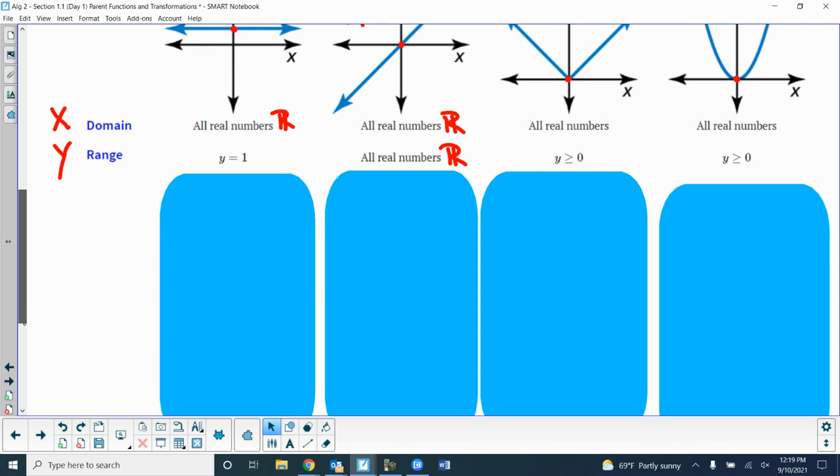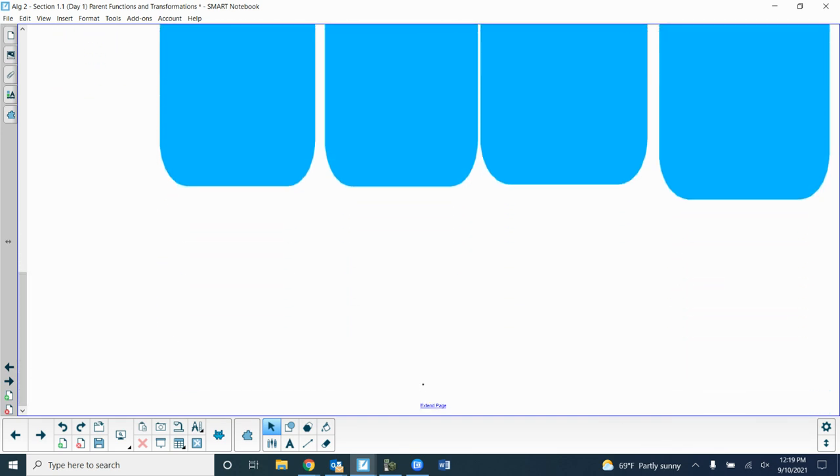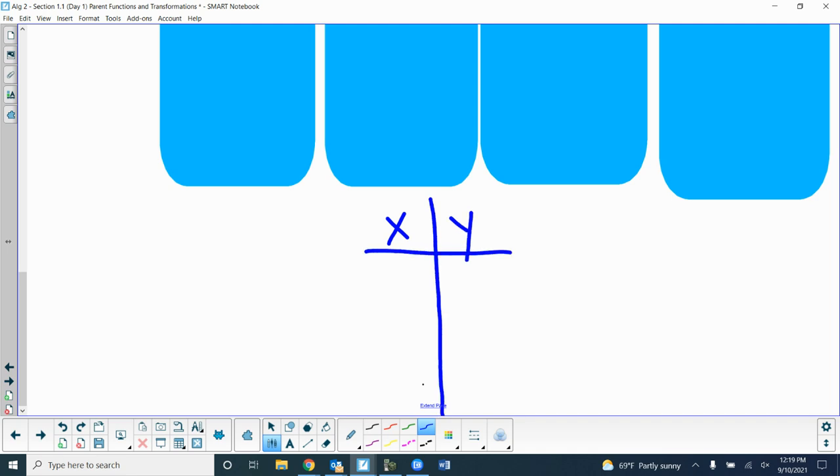Remember, anytime you want to figure out a graph, and let's say you don't have your graphing calculator, what was the first thing you learned when you were taught how to graph? What do we call this? Table. An XY table, right?